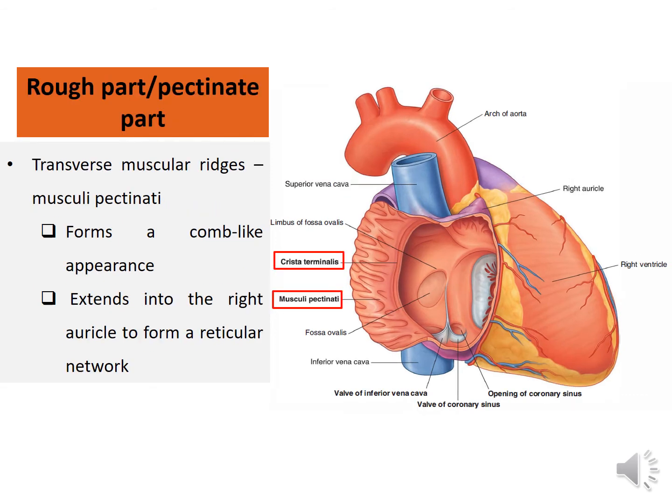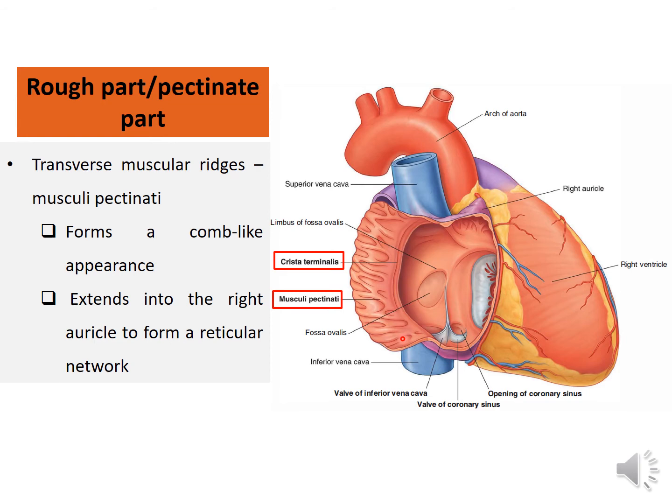The rough part, or the pectinate part, is the anterior wall. You can see it is opened in order to show the posterior part and septum. When you look at this part, it shows some transverse muscular ridges. The cardiac muscle here is arranged in the form of transverse ridges, and it resembles a comb. That is why it is called pectinate.